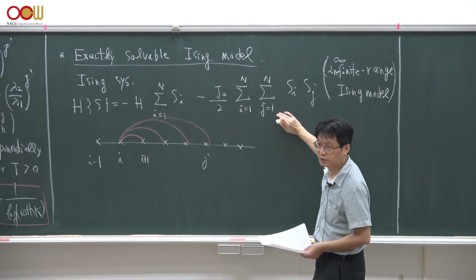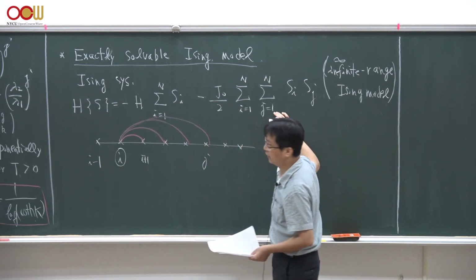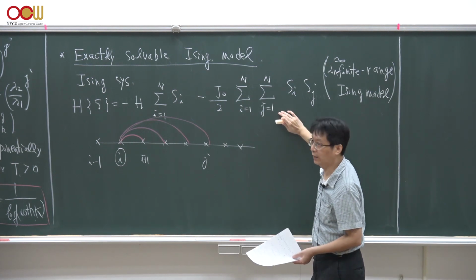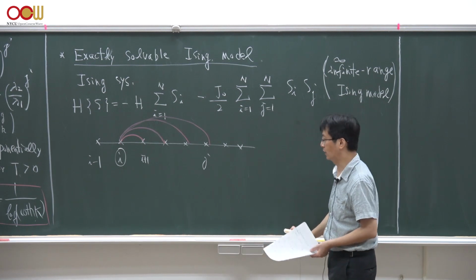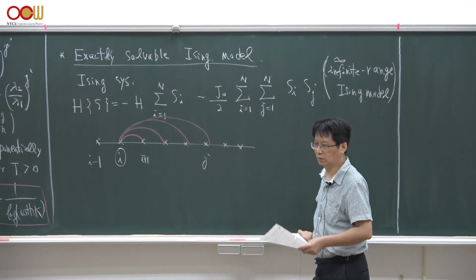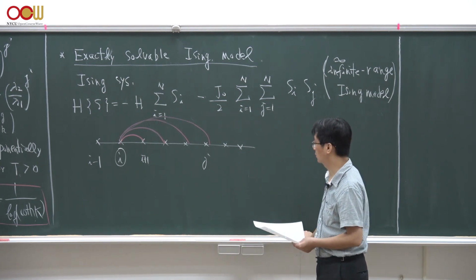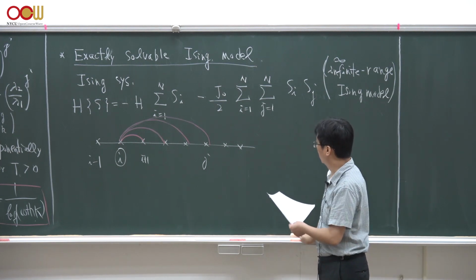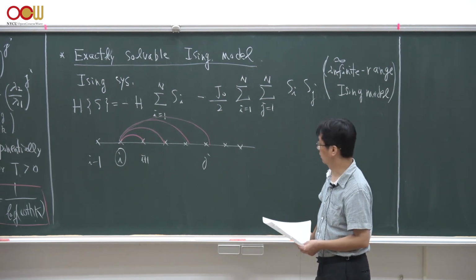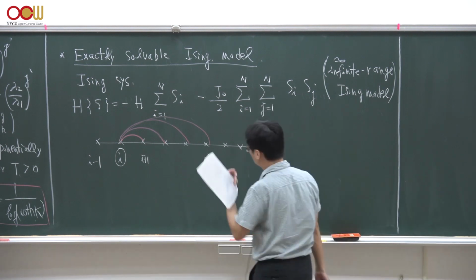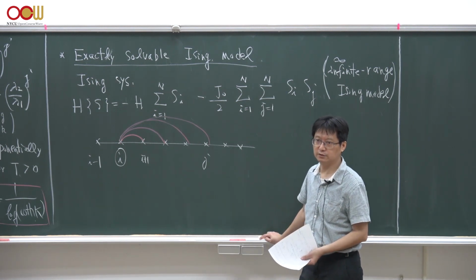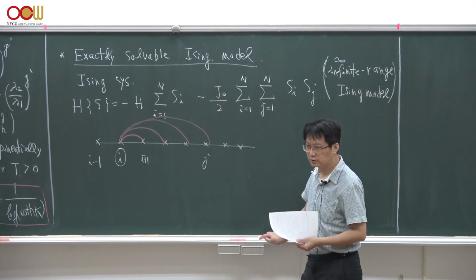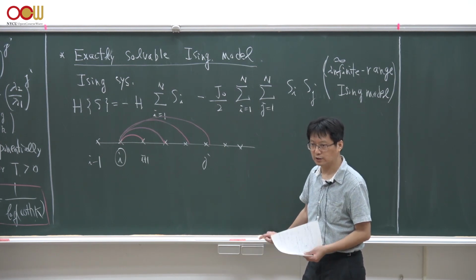Because if you fix the site i, then j runs from 1 to N, which means j could be any site, all the sites along the chain, or on the square lattice, or on the cubic lattice, whatever the lattice is. And j is independent of i. We don't restrict j to be the nearest neighbor site, but j could extend to all the lattice points.